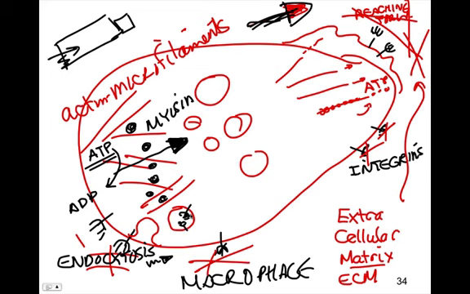And what can you do? You can take them on train tracks of microtubules, right? And that's going to take some energy. That's going to take ATP. There's going to be a little molecular motor that's going to bind and pull this vesicle along.